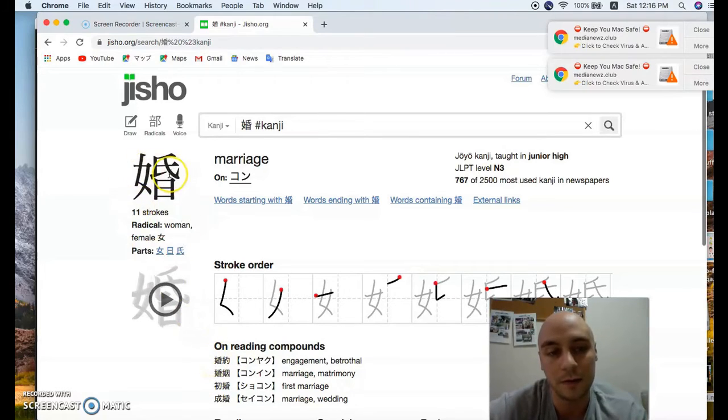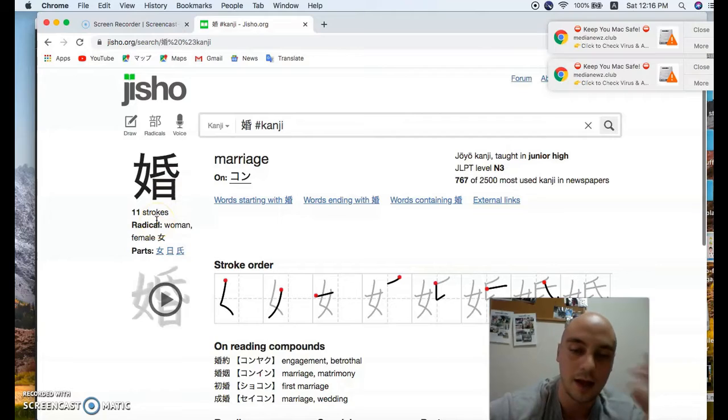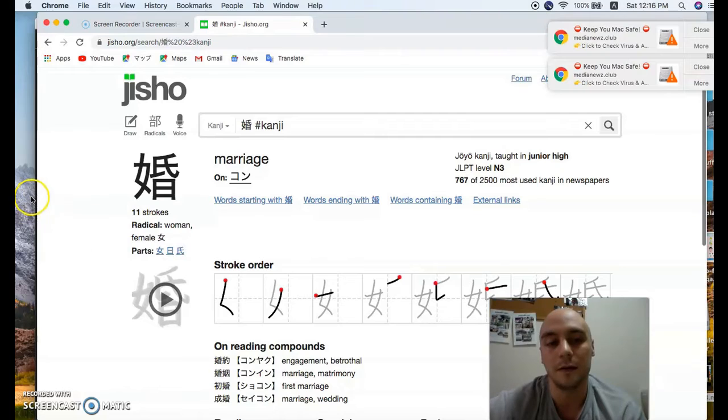Knowing the pictographic image makes it so much easier to remember and to tie in to new words that you learn, to the point where you might hear a word you've never heard before, but because you can sort of visualize that character, you can, without even taking out a dictionary, kind of just understand the meaning.